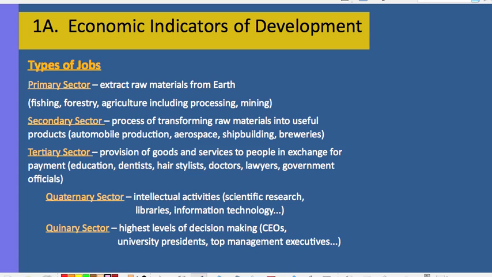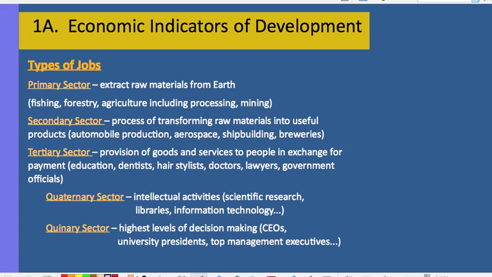You're educating them, you're cutting somebody's hair, you're operating on somebody, you are giving legal advice, and so forth. So these are tertiary sector jobs, providing service. And then under that tertiary sector, you've got different levels. Very simple, less educated work, like a hairstylist or somebody who works as a bank teller, would be considered tertiary sector.